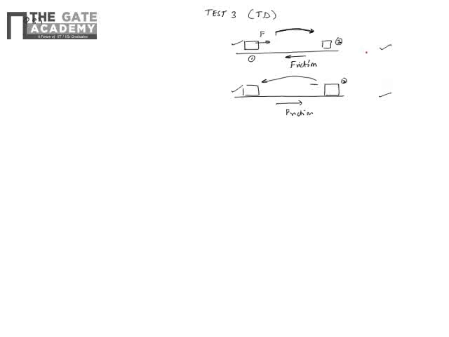But that's not happening in these two cases. When you combine these two, effectively the body is brought back to the same state, but the surroundings are not brought back, because a finite amount of heat is produced by the work done against friction in both of these processes. So friction leads to an irreversible process.